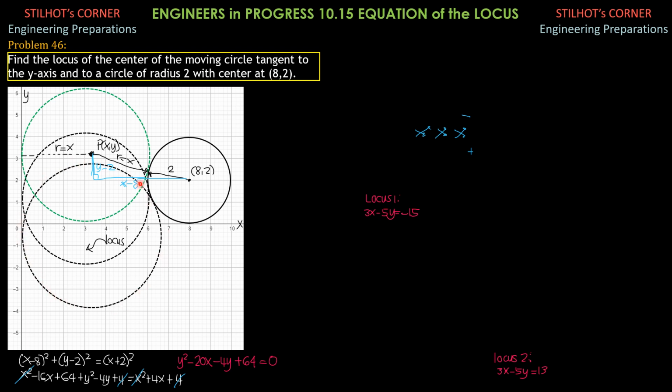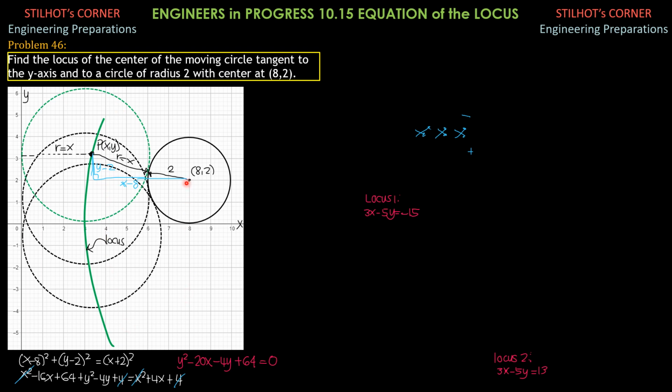So as it follows the law, which is to be always tangent to this fixed circle of radius 2 and center at (8, 2) and the y-axis, that's x. This is also x, which is the radius of this moving and growing circle, and that is 2 units. Therefore, the distance of the moving point (x, y) and (8, 2) is x plus 2, and this is the locus.